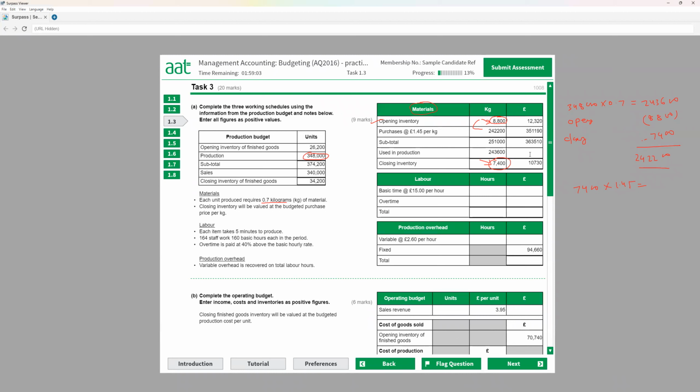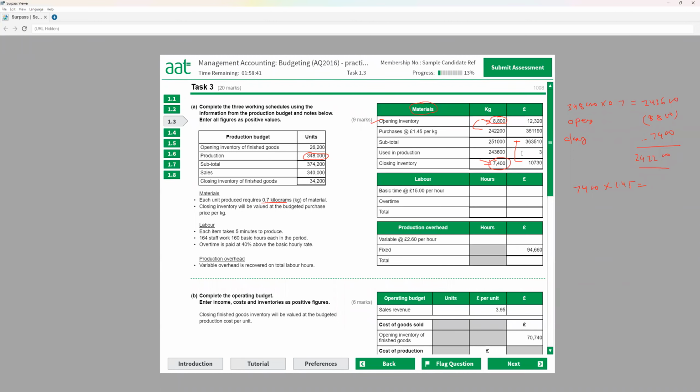Now, if you just find the difference between these two, that will give us our used in the production. So 363,510 minus 10,730, and that will tell us how much we used in the production.